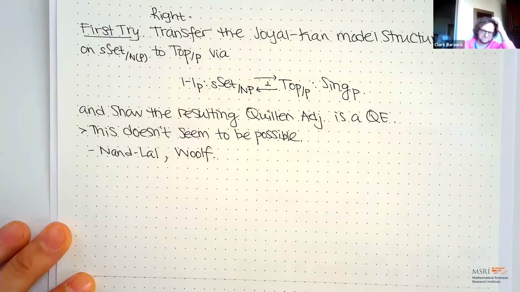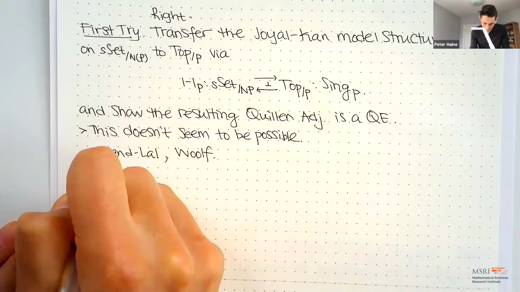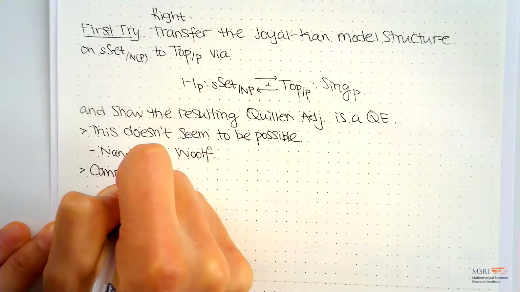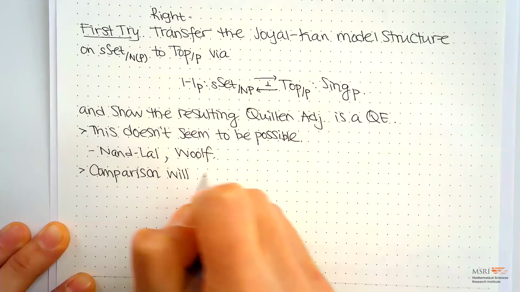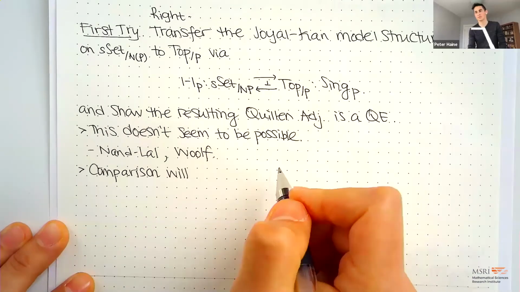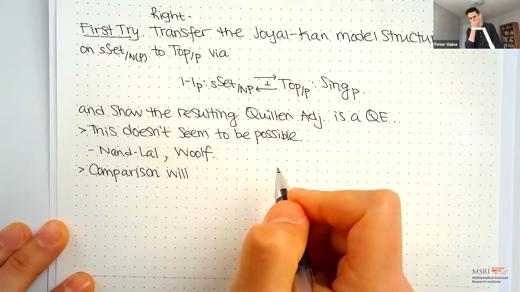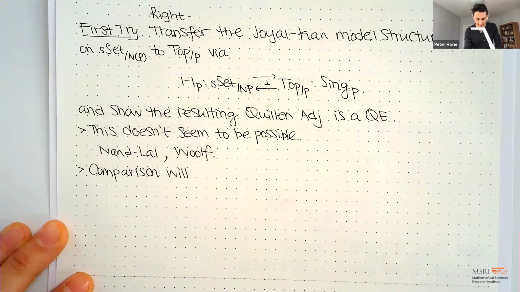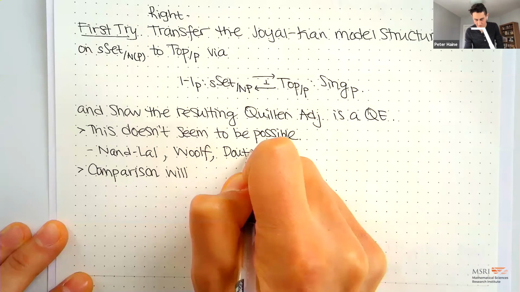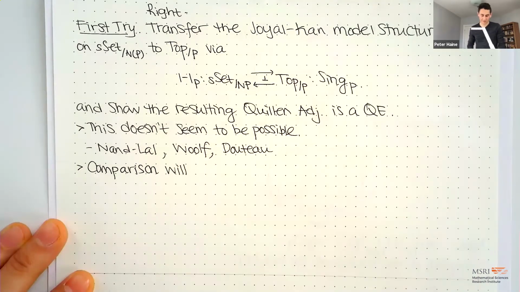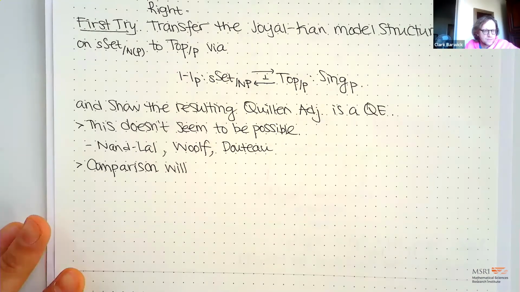So the comparison. Sorry, Peter? Didn't Sylvain Douteau also try to do this, or am I misremembering? I don't think, well, I guess he kind of tried to do it. Yeah, I'll add him to the list. Though he ultimately did the other thing that I'm about to talk about.